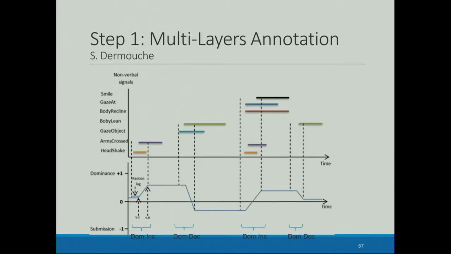We used the GTrace tool. So on one side, you have segments of behaviors at a multi-level: smile, gaze at, body movements, gesture types, head movements. And on the other level, you have this continuous representation for the attitude, so how it goes from submissive to dominant to, again, neutral to dominant, and things like that.